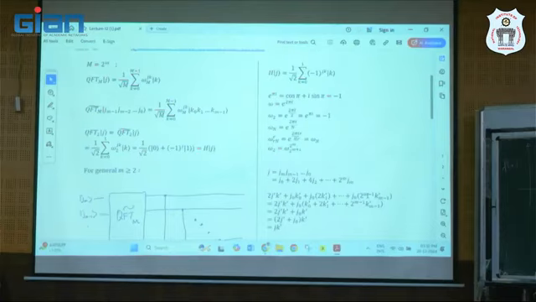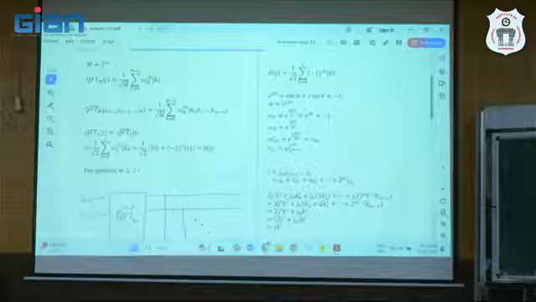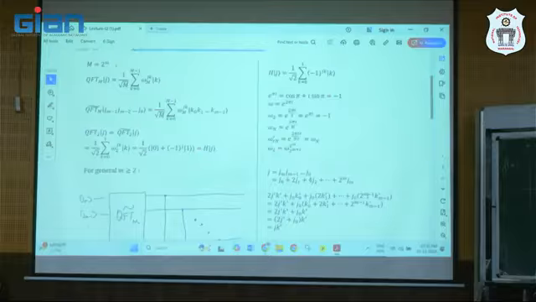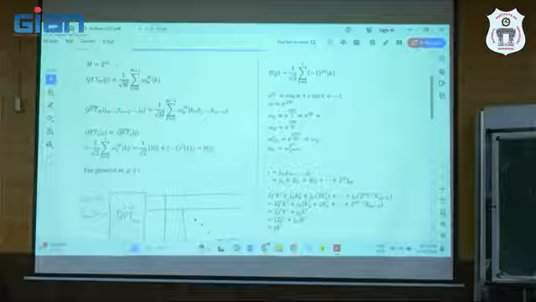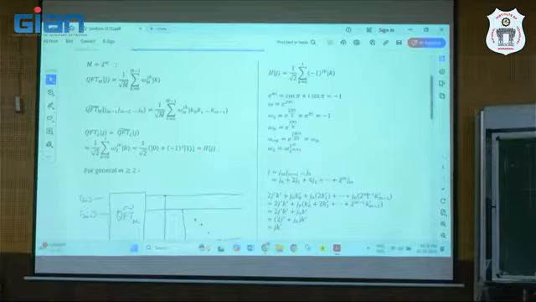Omega n is e to the 2 pi i over n, correct? Now, omega r to the rn, what is that? It is e to the 2 pi i r over nr, correct? By definition. The r cancels, you get omega n. Keep in mind, you can always cancel the superscript and subscript if it is multiplying in the subscript, correct?